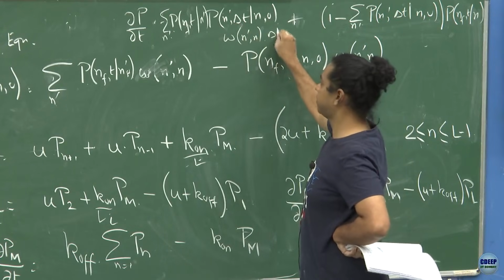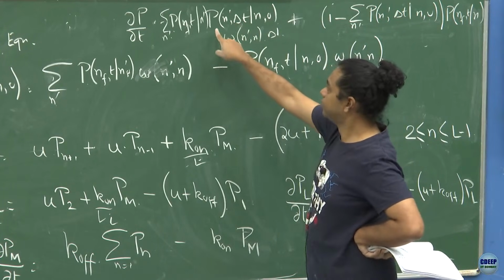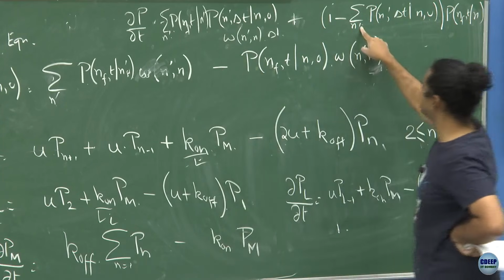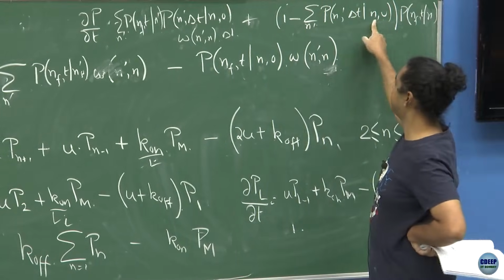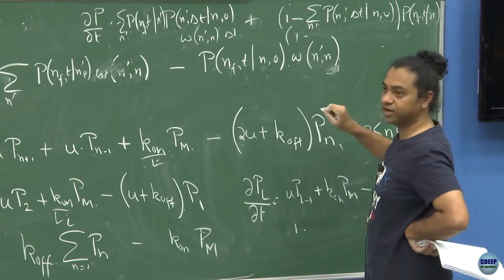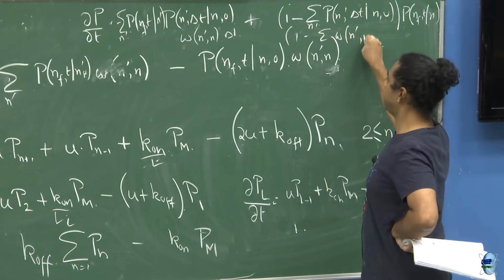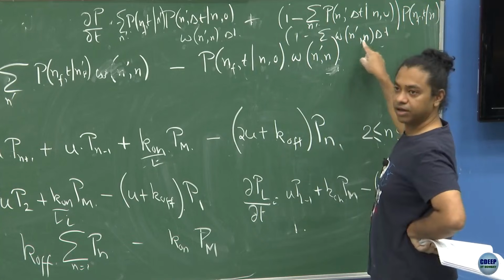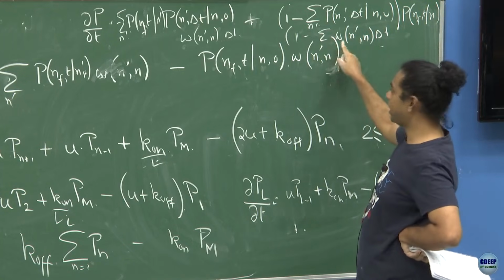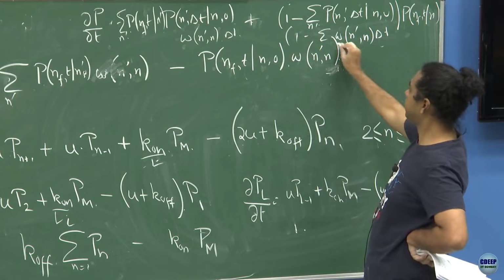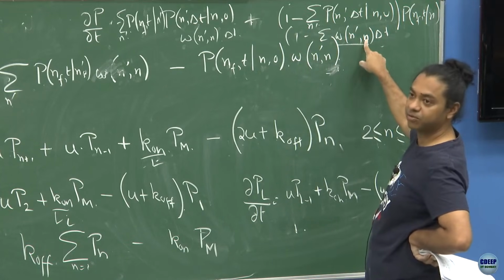Here also this summation is that same thing, except that you had this 1 minus, but inside you have the same omega n prime n delta t. You did not go. So therefore, ultimately once we simplified, the rates that came were the same omega n prime comma n.